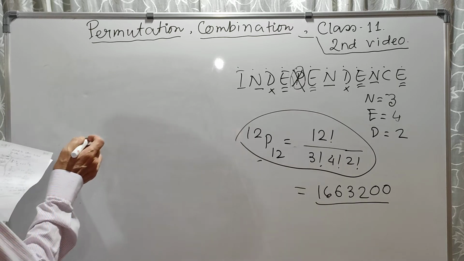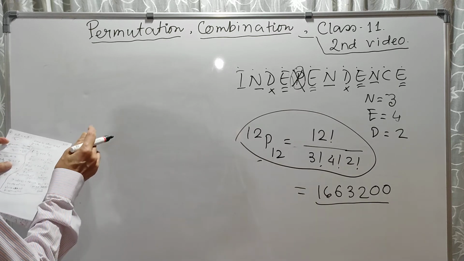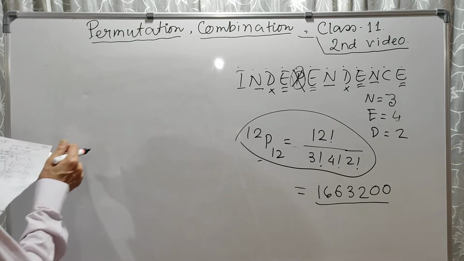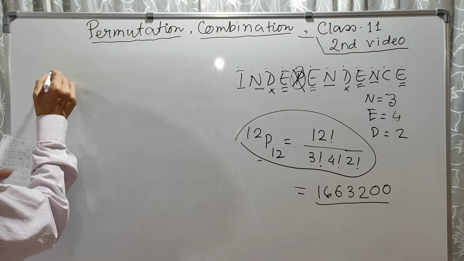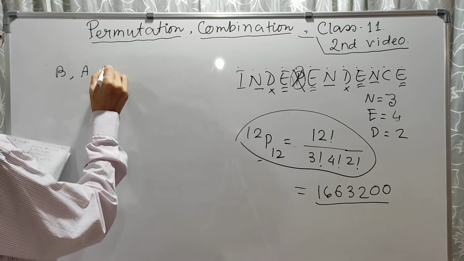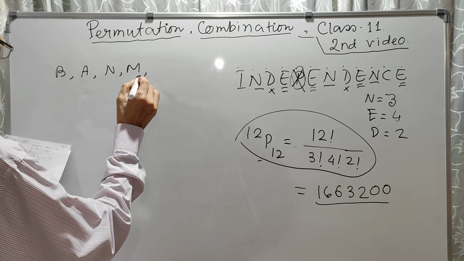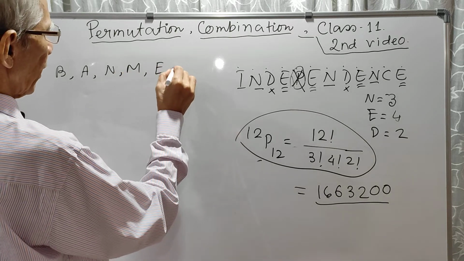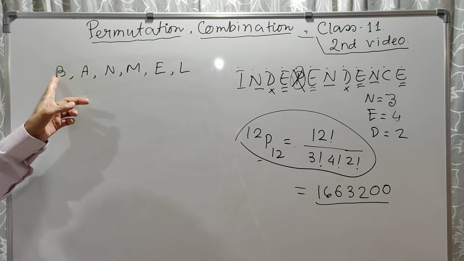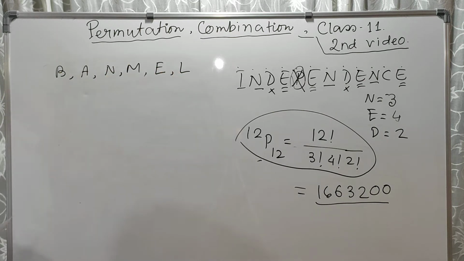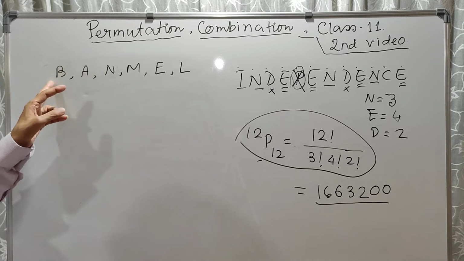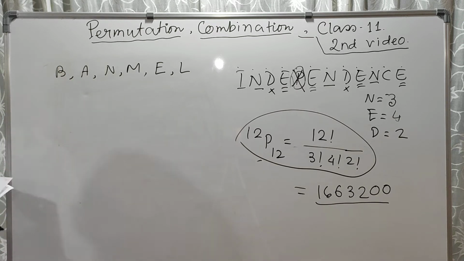Suppose these 6 letters are given: B, A, N, M, E, and L. Now this is not a word, just 6 objects. 6 letters are given. You have to make permutation of all the 6.